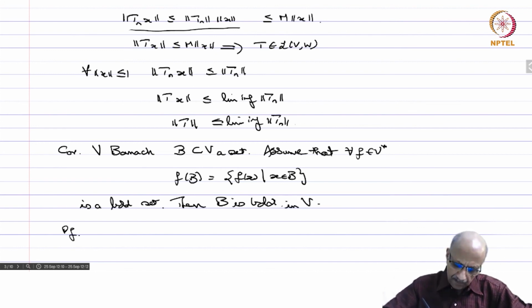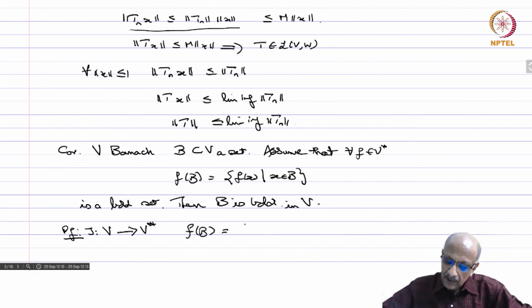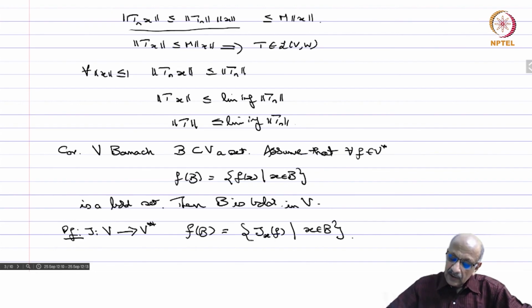So proof, you look at the mapping J from V to V double star. So the set of all f(x), x in B, is bounded. So f(B) is nothing but the set of all Jx of f, x in B. So all the Jx's are bounded.